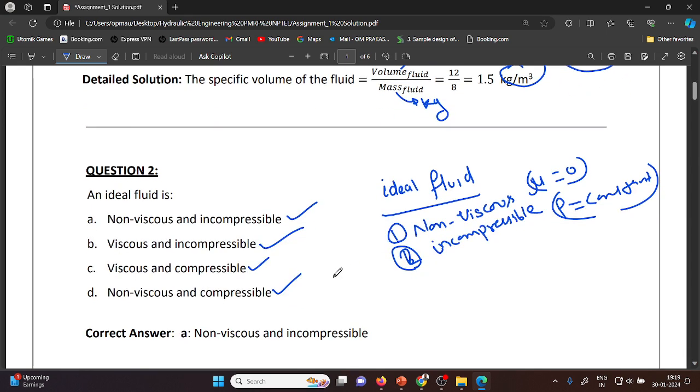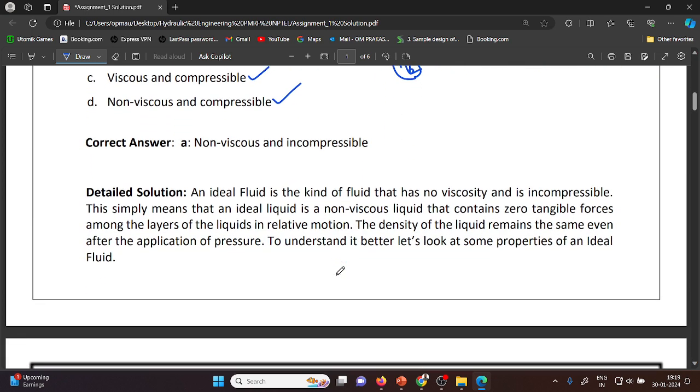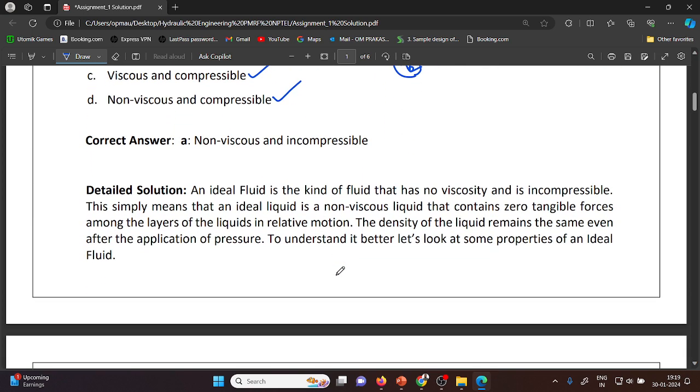So option A is correct. The detailed solution is also given. You can go through it and see what is written.